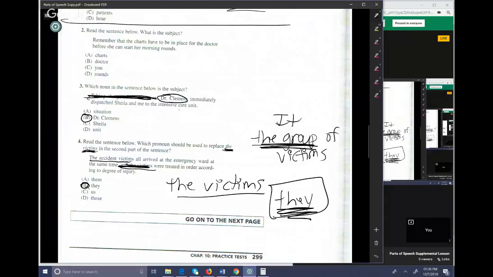So the group of victims would be it as a group, and you wouldn't be able to do this in the second half of the sentence because it is a group that you would be specifying. So then you could not use they. In this case, they are saying victims both times. They're intentionally being plural.